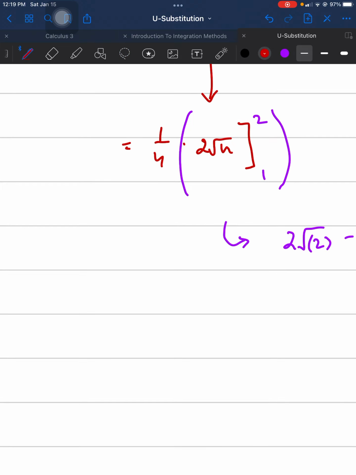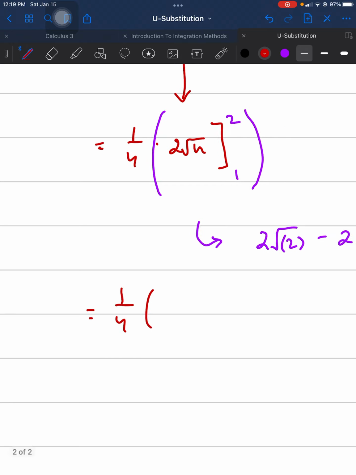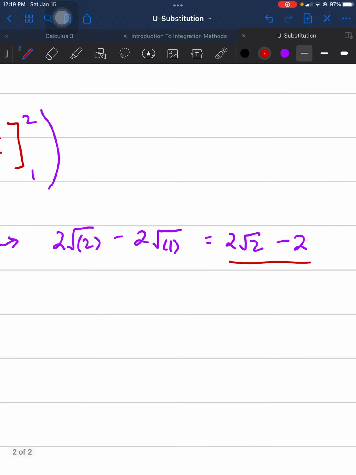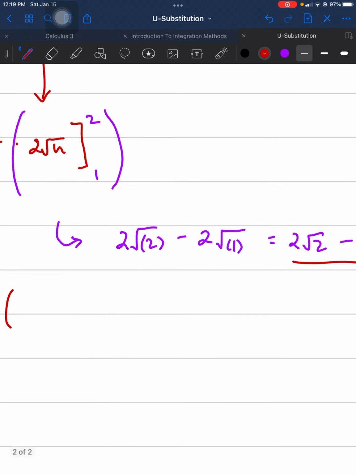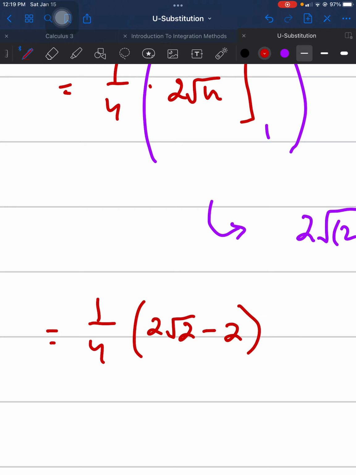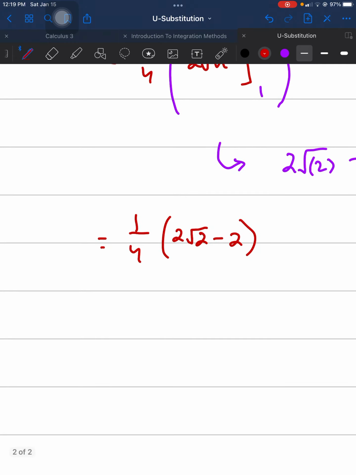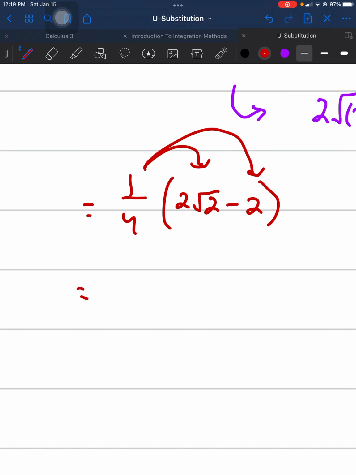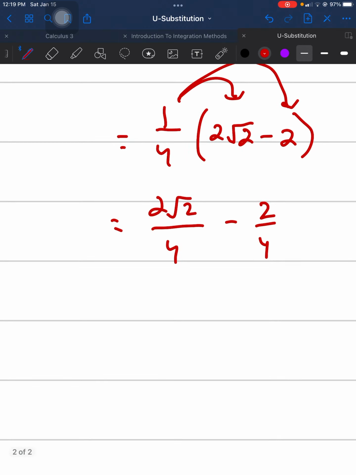So what we can do now is plug that in here. So 1/4 times 2 radical 2 minus 2, right? That's what we determined. Now, all we really need to do is just basic algebra with the distributive property. So it's going to be 2 radical 2 over 4 minus 2 over 4, right?